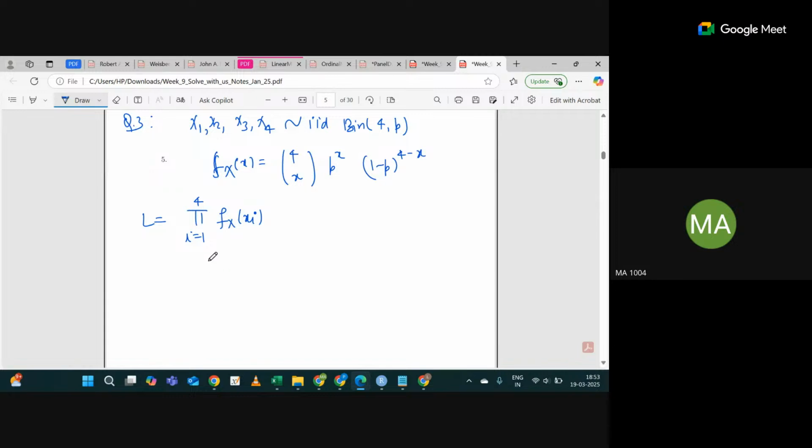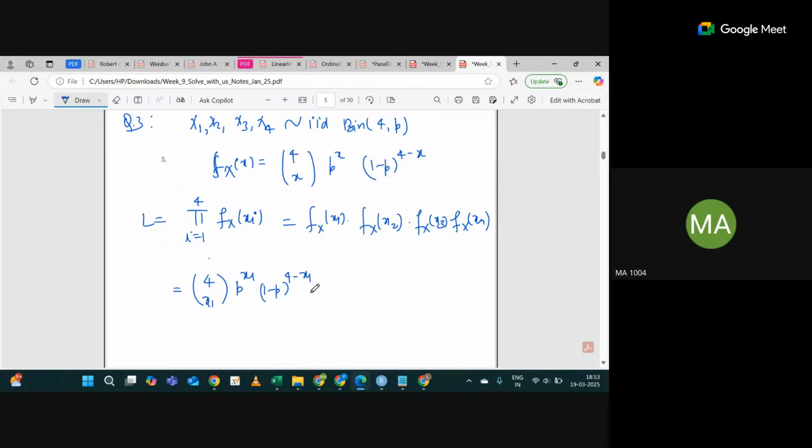So I can write f_X(x1) times f_X(x2) times f_X(x3) times f_X(x4). f_X(x1) will be 4Cx1 p raised power x1 (1 minus p) raised power 4 minus x1.